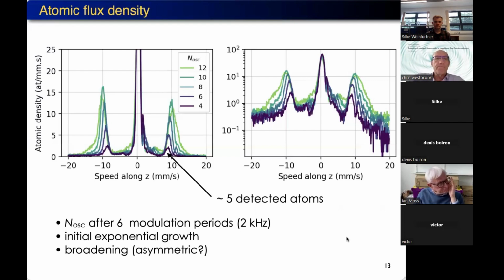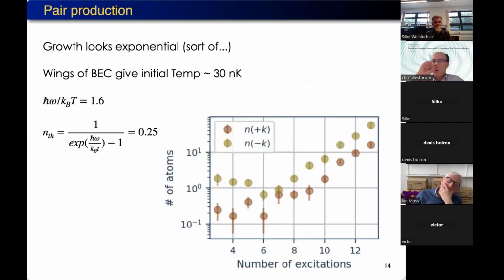Now we can look at this exponential growth a little more closely. This is a different data set, but here again I've plotted the number of atoms in one of these peaks as a function of the number of excitations. At least for part of this range, we do see an exponential increase in particle number, for a decade or so, confirming that we have something like exponential growth of these particles under the right conditions.